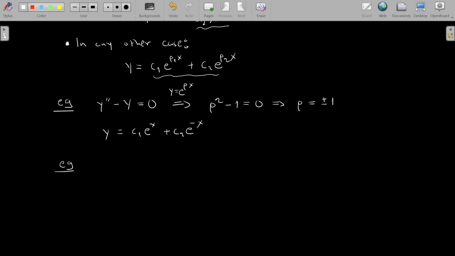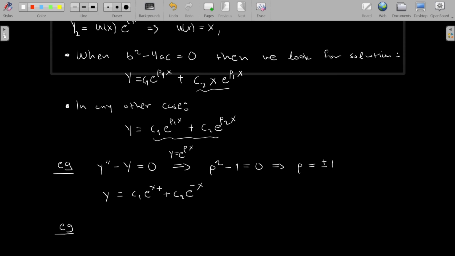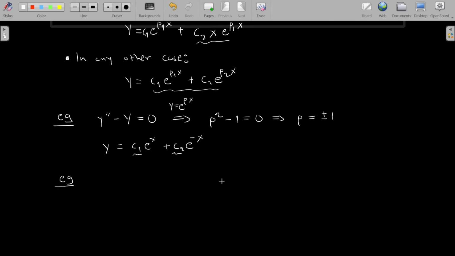Another example. Something I forgot to mention is that since you have two constants now in the second order differential equations, you will need two initial conditions to be able to solve for these two, right? In the first order differential equation, we only needed one initial condition.